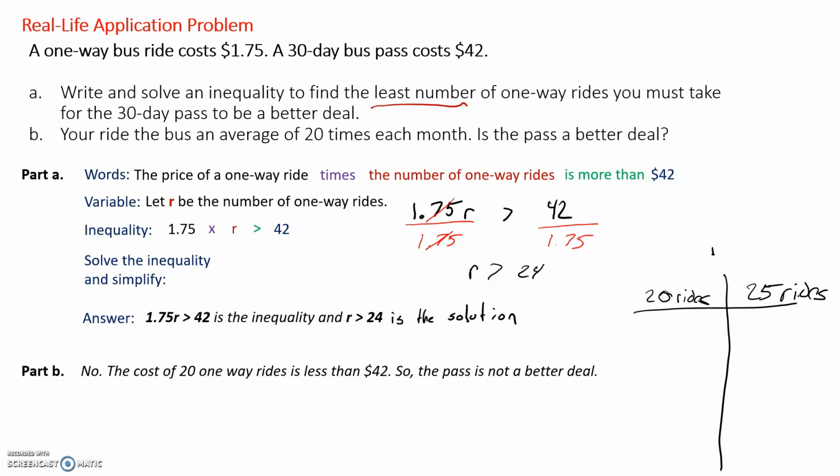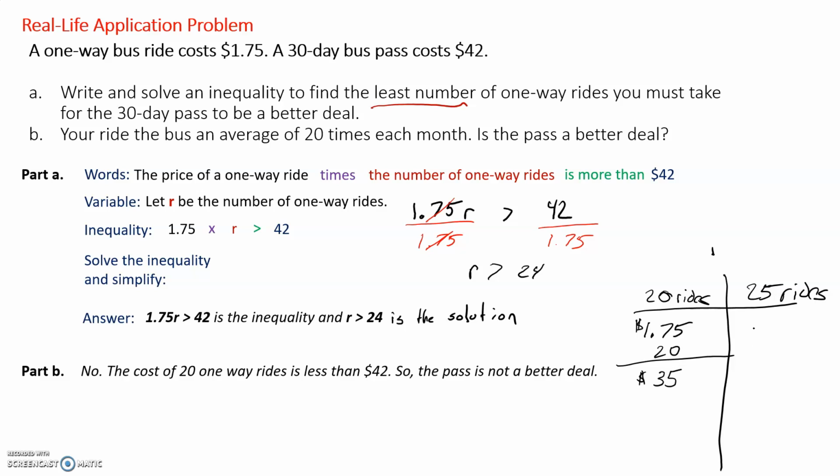I'm using these examples to show why it's a better deal not to buy the pass if you're riding less than 24 times. With 20 rides, I multiply $1.75 per ride times 20 rides, and that comes out to $35.